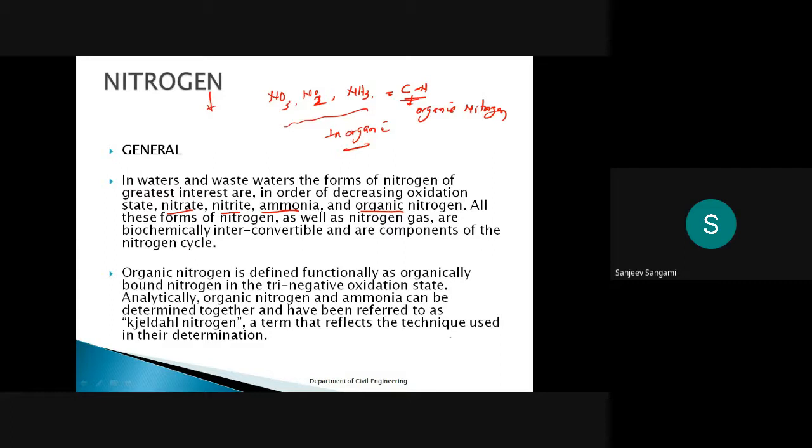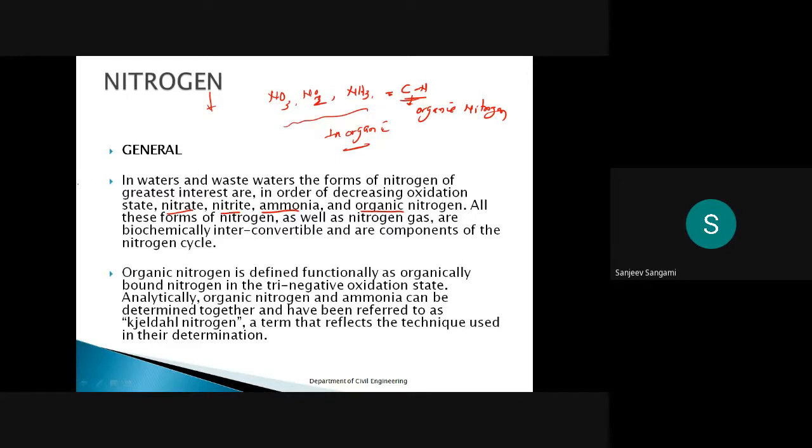All these forms of nitrogen as well as nitrogen gas are biologically interconvertible and are the components of the nitrogen cycle. You might know the nitrogen cycle, how ammonia is converted to nitrite, and nitrite to nitrate, using bacteria like Nitrosomonas.